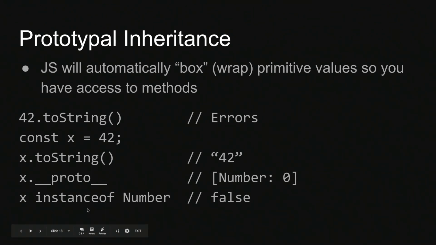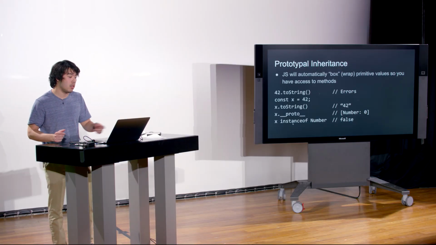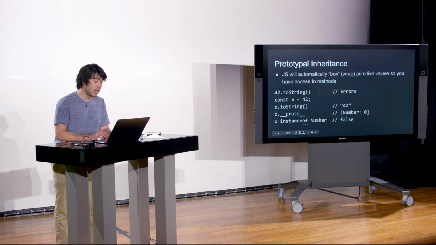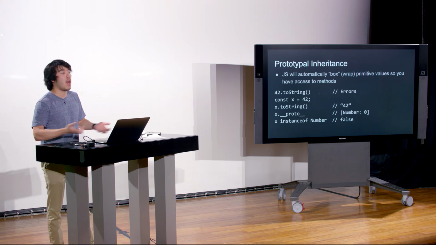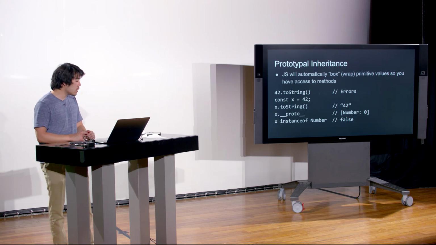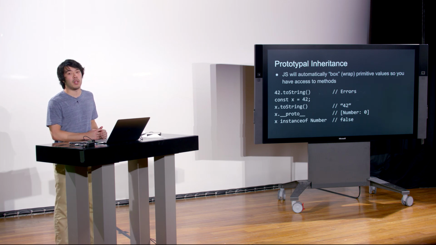Another way to find out if a value is an instance of some type is x instanceof Number, and that would return false because x is actually not of type capital Number. It's just boxed in that Number object for your reference. Does that make sense? Again, not something you're going to use every day, just something helpful to know in case you run into these strange corner cases.